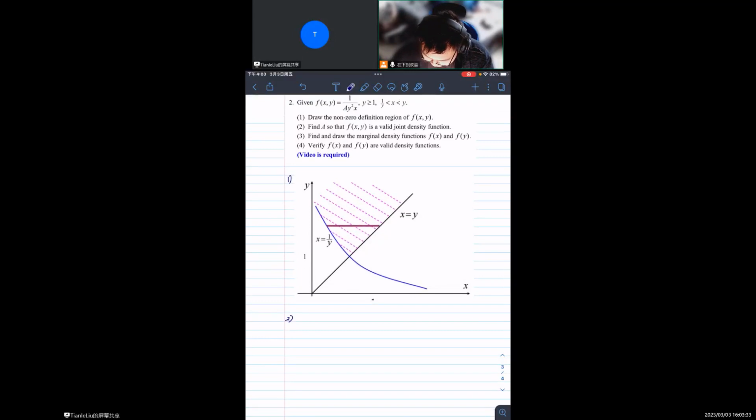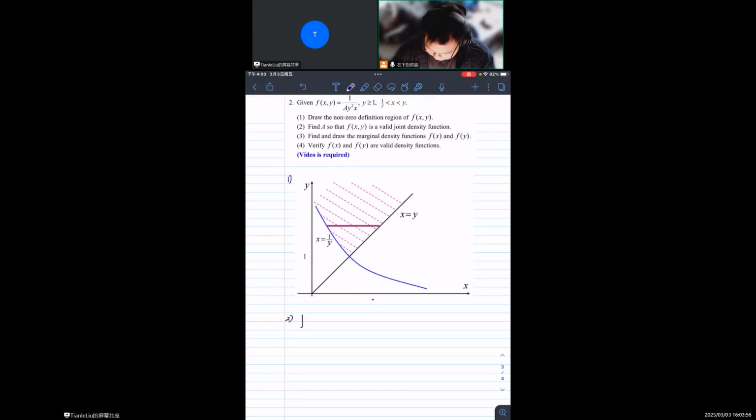So for the first one, we need to find the a which makes f(x,y) a valid joint density function. What we will do here is integrate it out one by one using the range we already have.